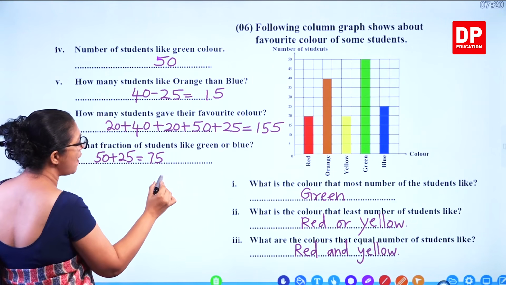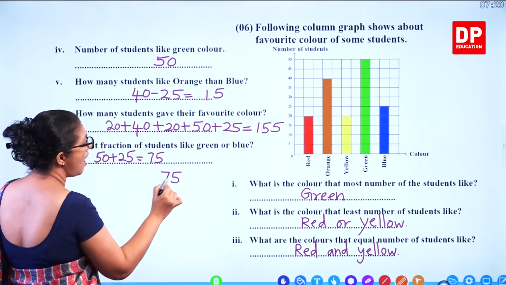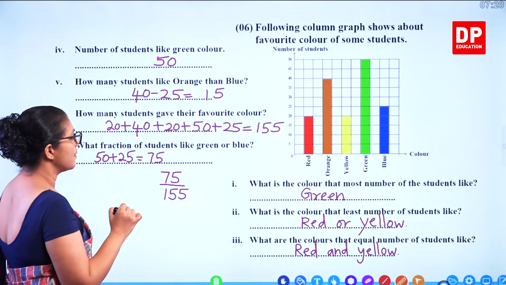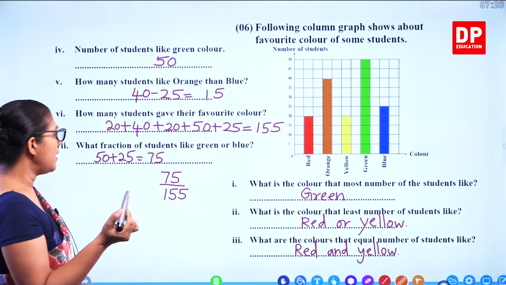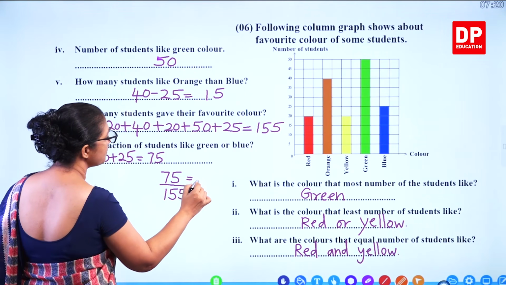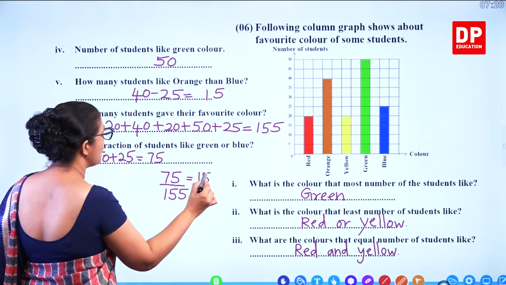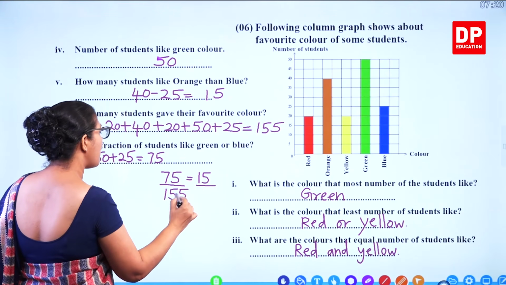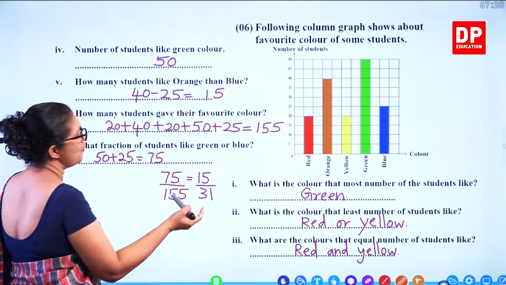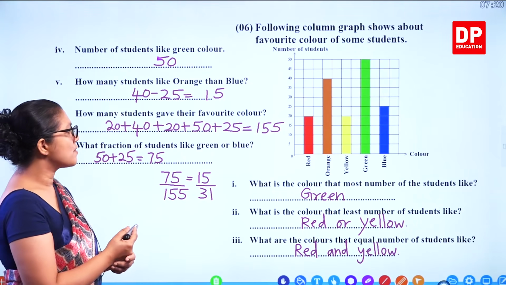So 75 students are there out of 155. So that's the fraction. You can simplify this one, divide by 5. This is 15, divide by 5, 31. So 15 over 31 as a fraction.